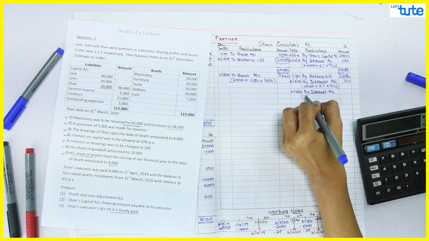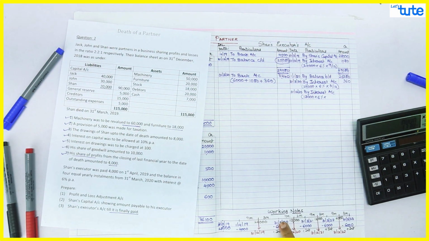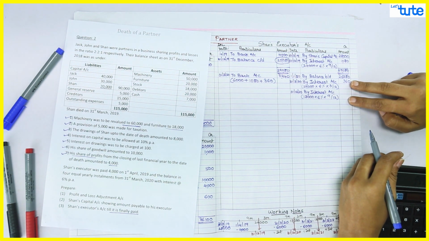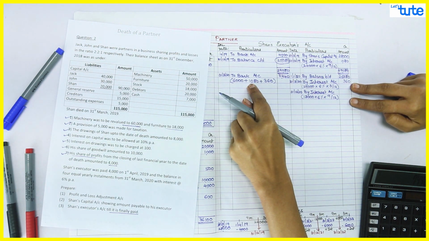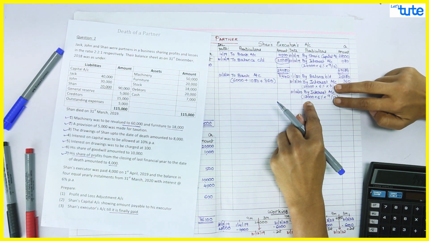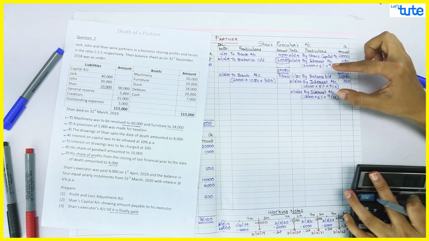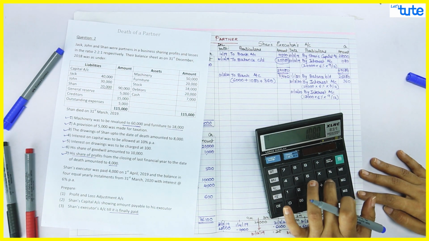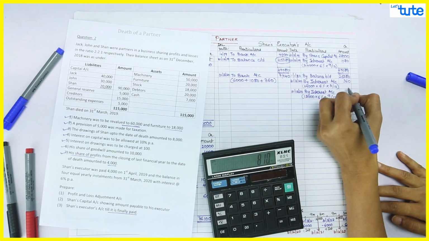So this would be on 18,000 into 6% into 9/12. So over here also you can see the interest total, though this is on 24,000 and this is after payment of the first installment on 18,000, we have recorded interest for the entire 12 months for that particular 2020 year. So this is 18,000 into 6% into 9 divided by 12. So that comes to 810.